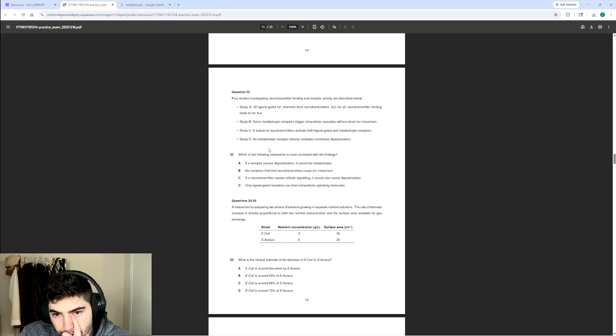No, actually that's not true. It's crazy that I'm spending this much time on this question, but this is where we're at, gang, so bear with me. If a receptor causes depolarization, it cannot be metabotropic. That's not true because in study C it says a subset of neurotransmitters activate both ligand-gated and metabotropic receptors. And we know that ligand-gated and metabotropic receptors can cause ion flux, which I'm assuming is depolarization.